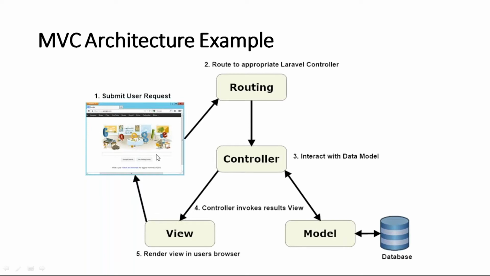The user types, maybe he wants to search for something, and as soon as he types it, it is routed straight to a particular controller. There's a controller that handles that request. The controller takes it and sends it down to the model. The model goes straight to the database, retrieves whatever information the user is asking for, and then sends it down to the view, which the user sees. So that's a clear example of what the MVC architecture is all about.